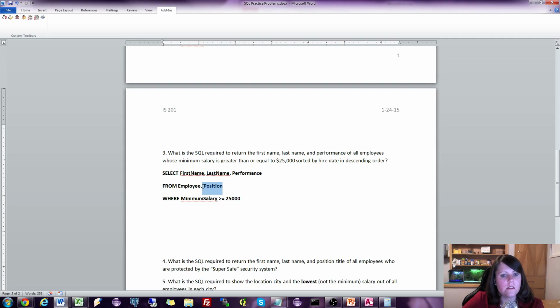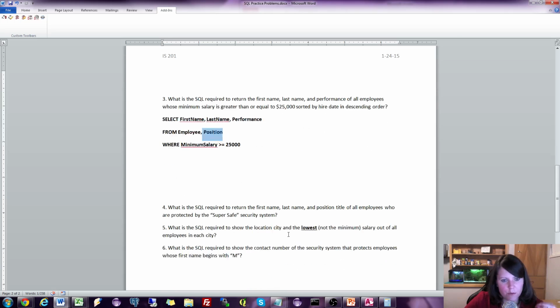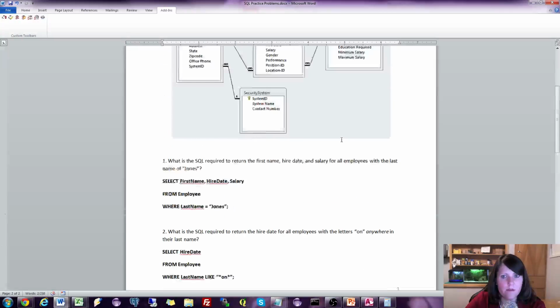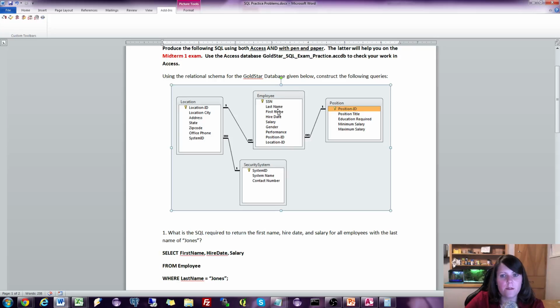So it's in the position table. I need to tell it how to get from the employee to the position table. I can answer questions about this again, because the next few examples have this as well. Because minimum salary is not in the employee table, I need to bounce from the employee table to the position table.